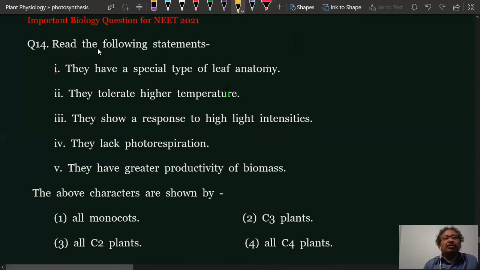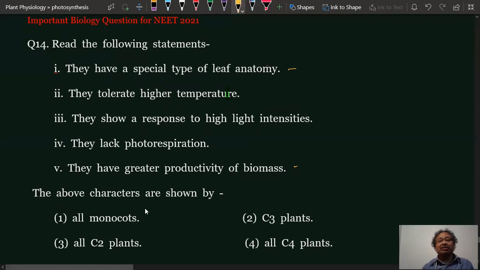Question number 14. Read the following statements. 1. They have a special type of leaf anatomy. 2. They tolerate higher temperature. 3. They show a response to high light intensities. 4. They lack photorespiration. 5. They have greater productivity of biomass.